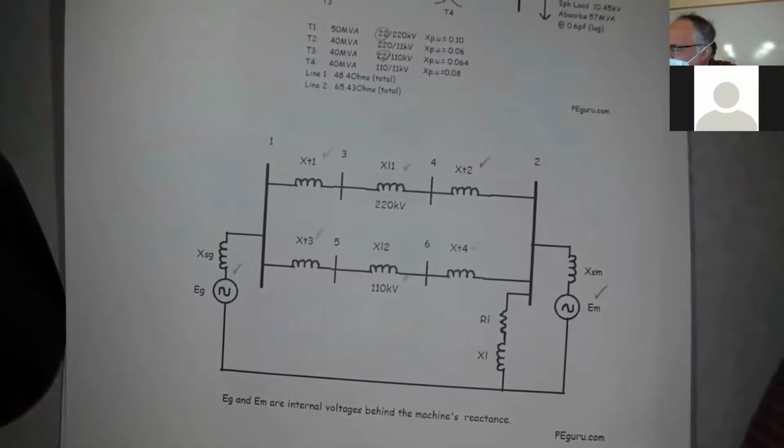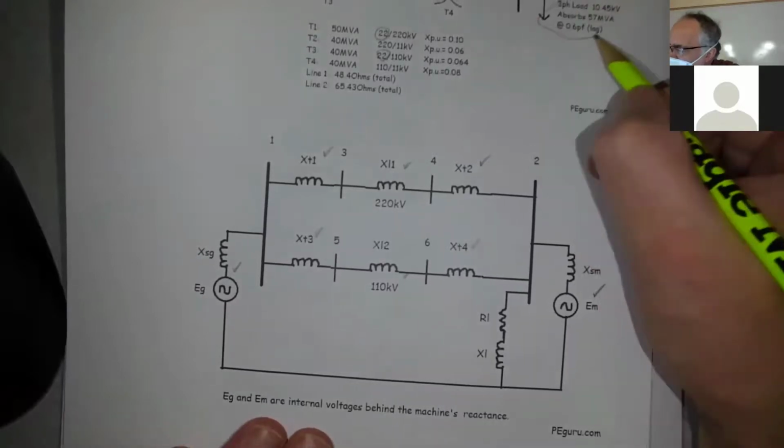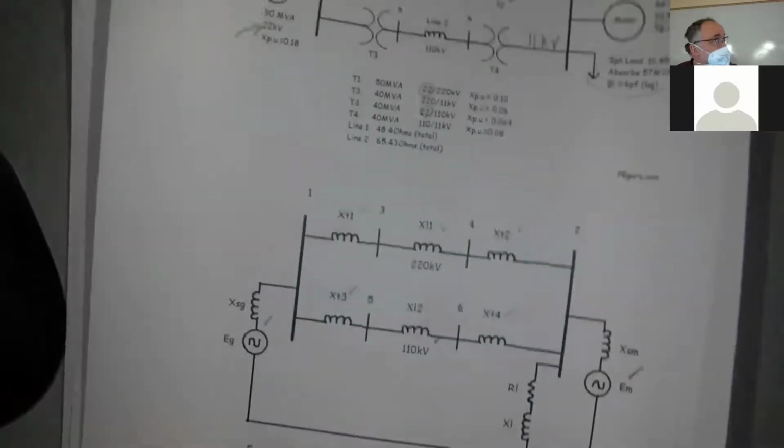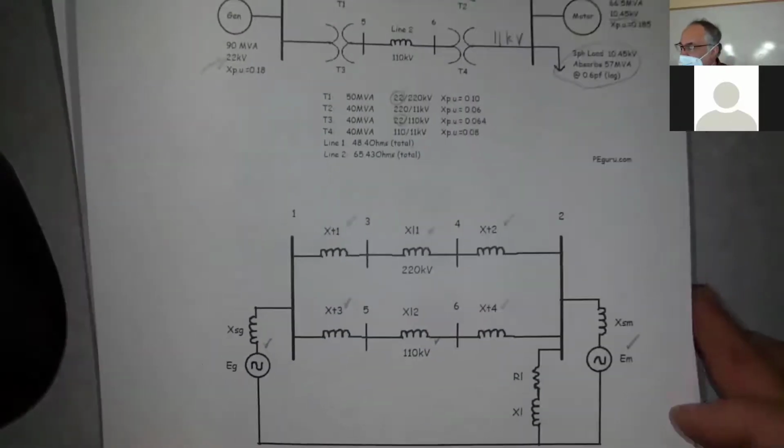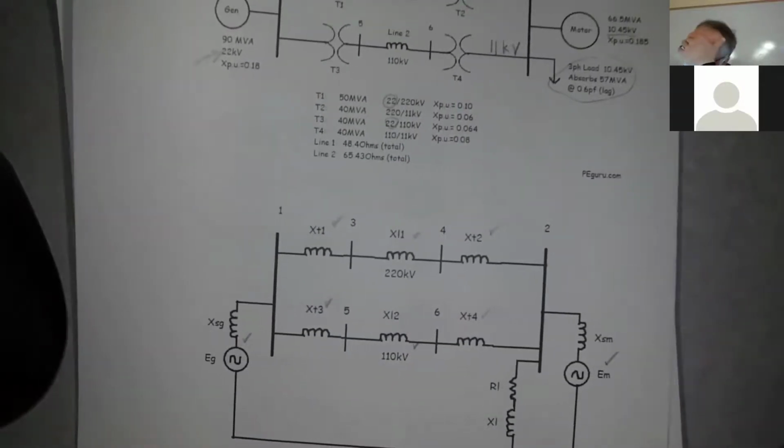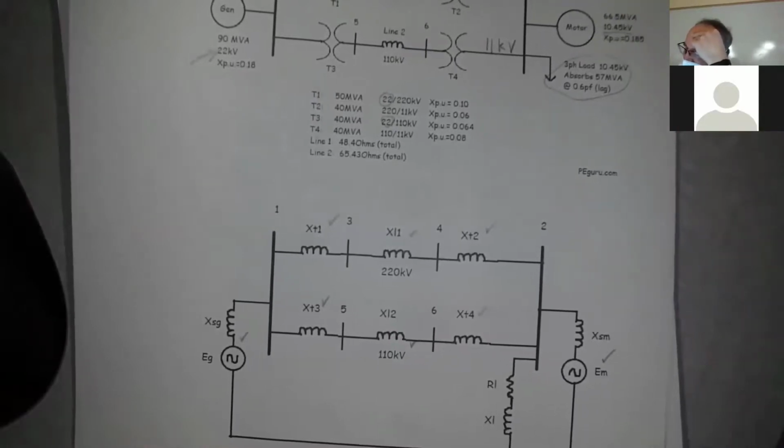So how are we going to come up with an impedance for that load? It's this guy right here. All these other things we can model as inductors. Can we model this guy as just an inductor? No, right? Okay.